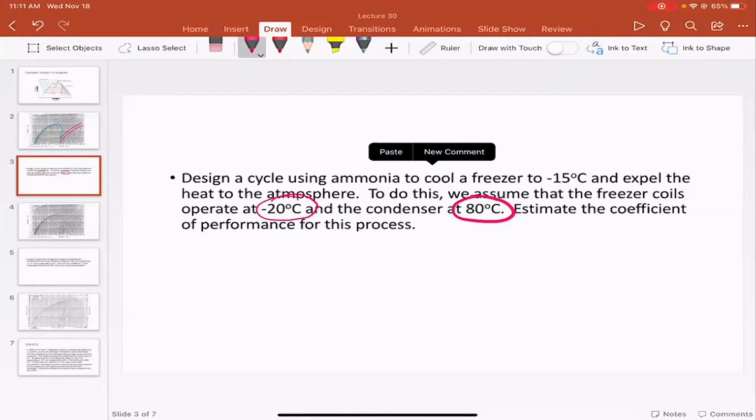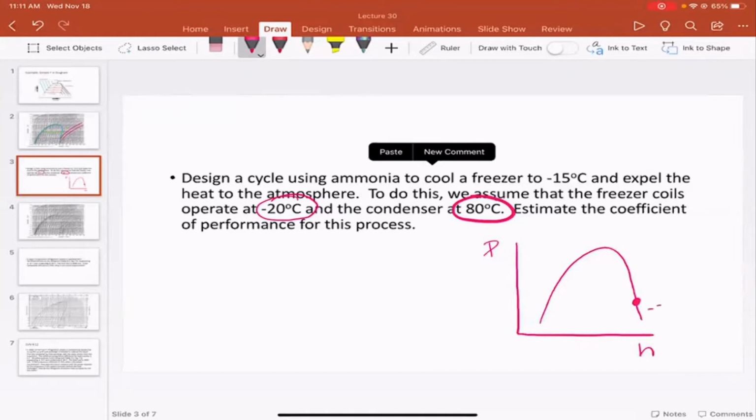And so one of the things then that we're going to try to do is to figure out on our pH diagram that we drew previously where we are located, right? And we know that state A is here, and it's the saturated vapor at our lower temperature, right?